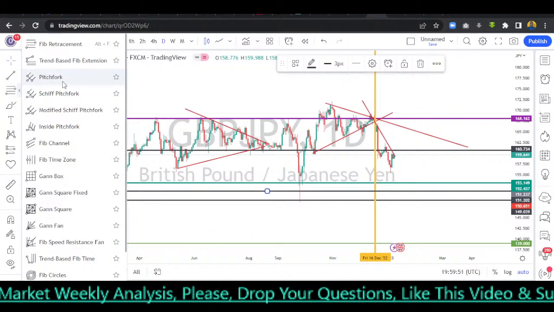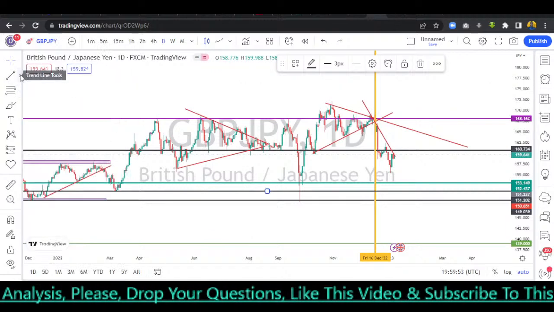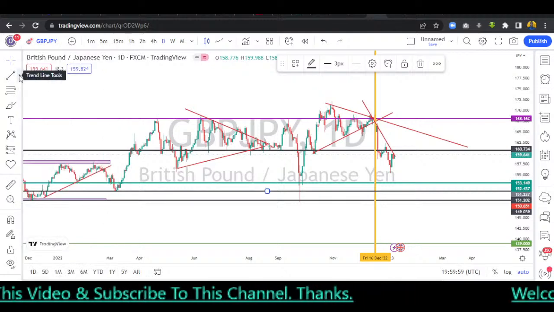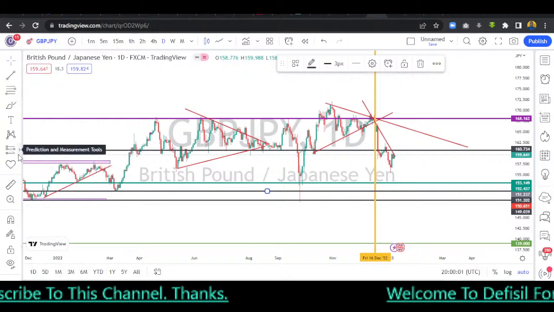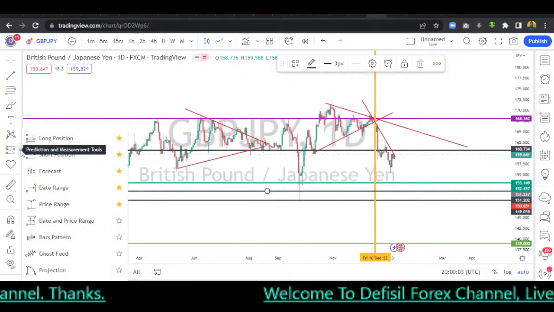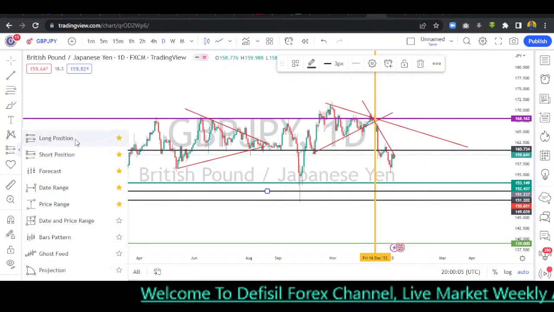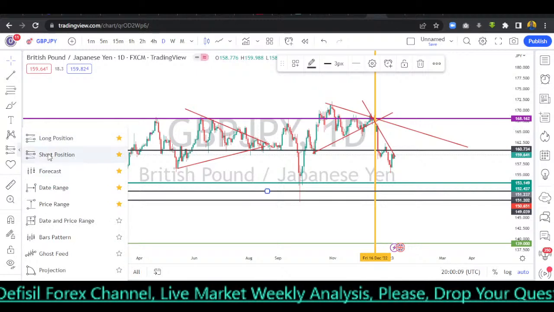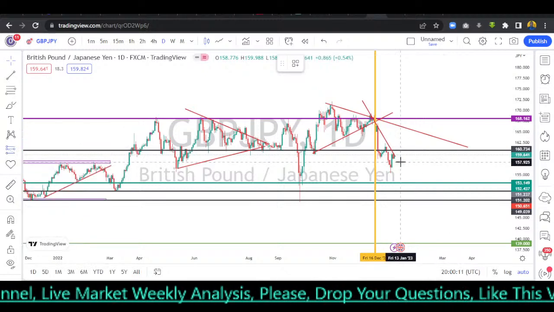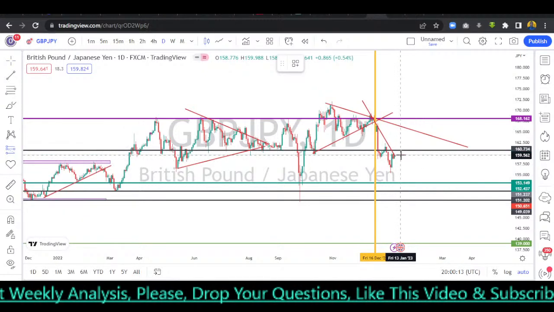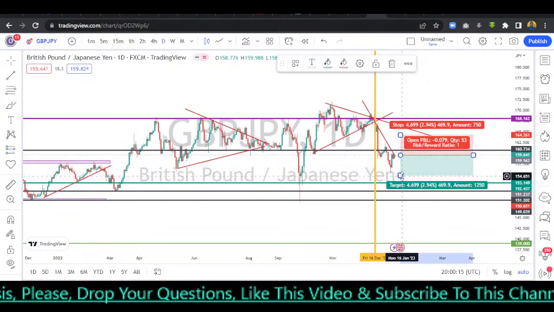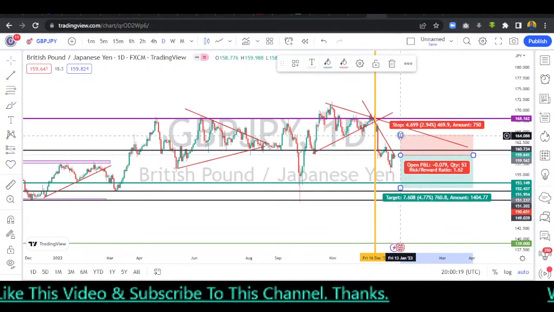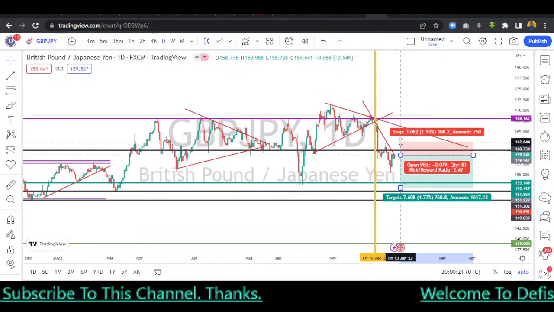So remember to apply proper risk management in your trade. Always ensure your stop loss is set in place. Even if you don't set your take profit, stop loss is not what you should play with. And also ensure that you do not lose all your account to one trade.